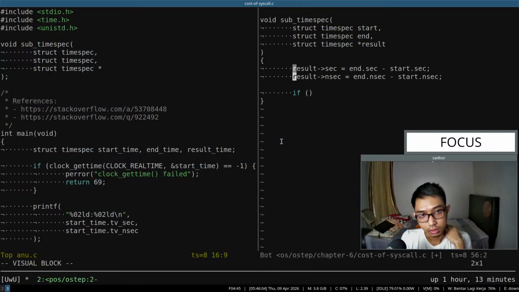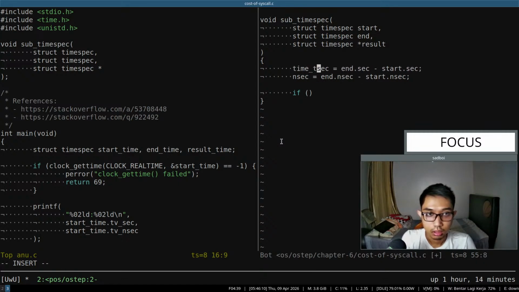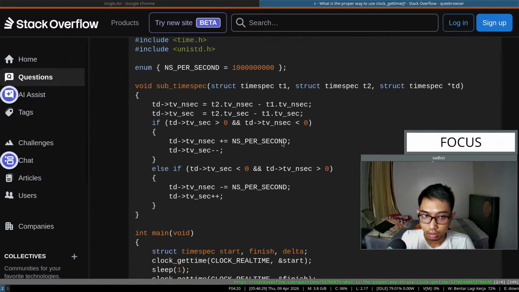You know what? Maybe we can do something like this. Okay. And then for the second more than 0 and the nanosecond less than 0. Write this condition.